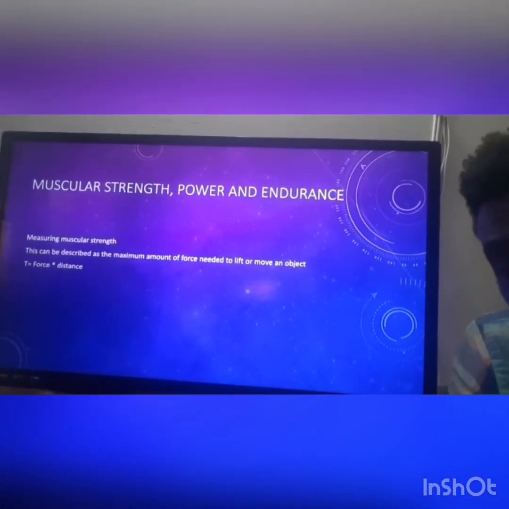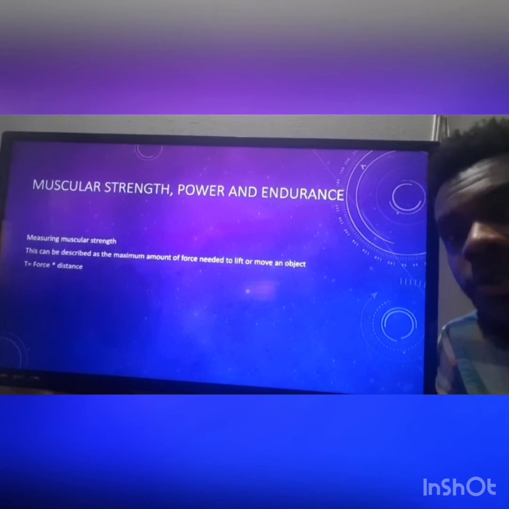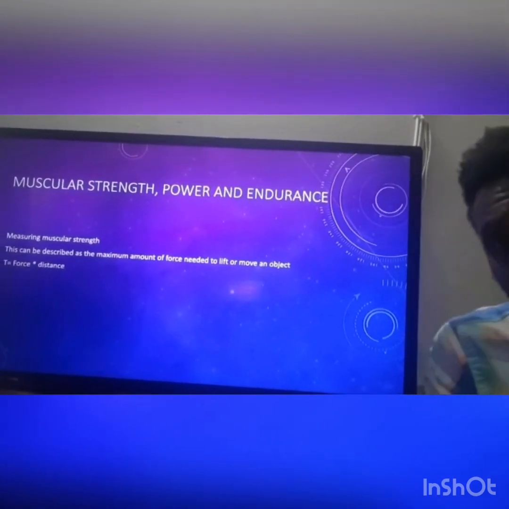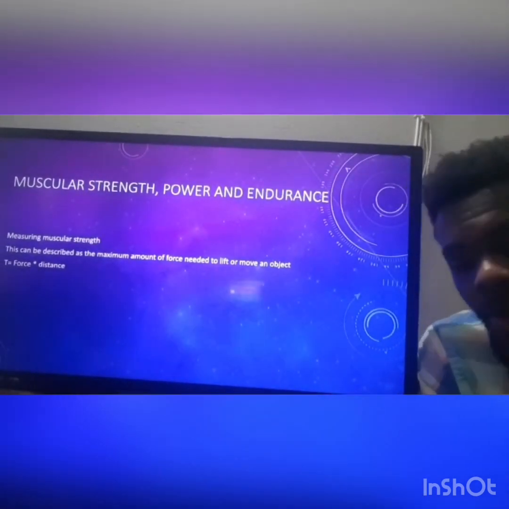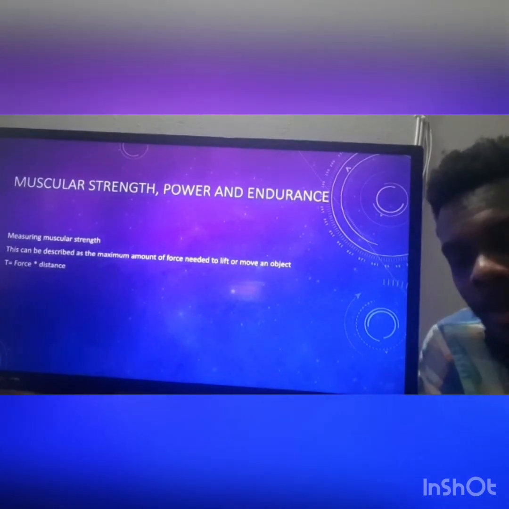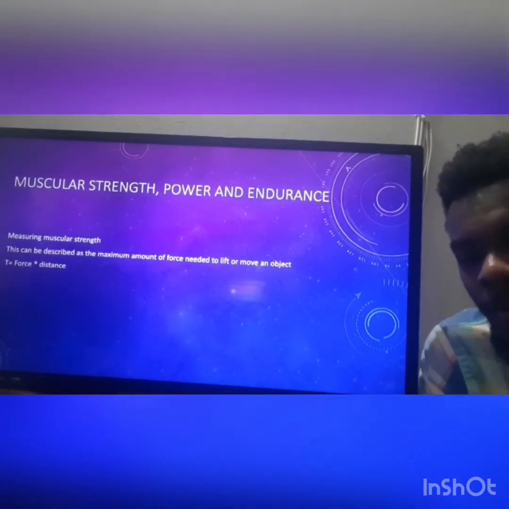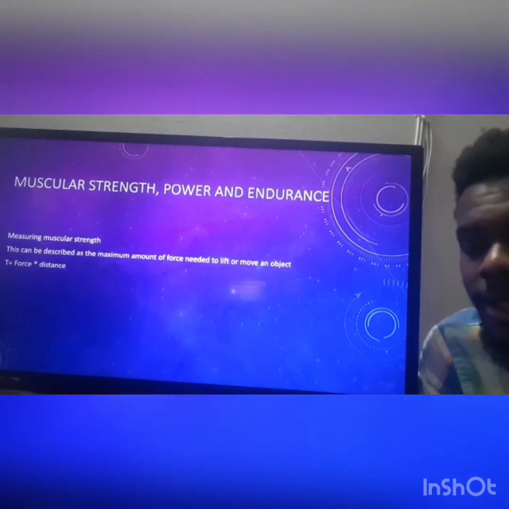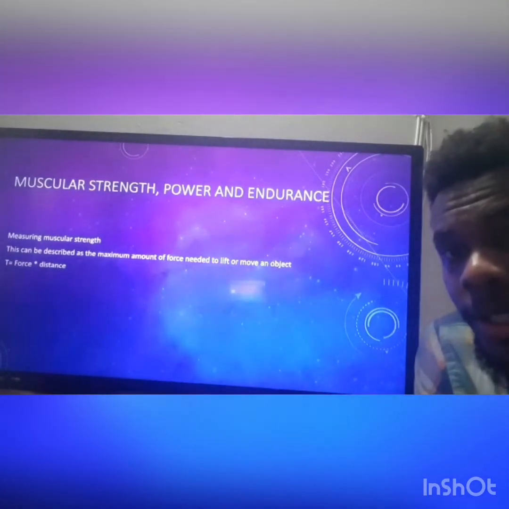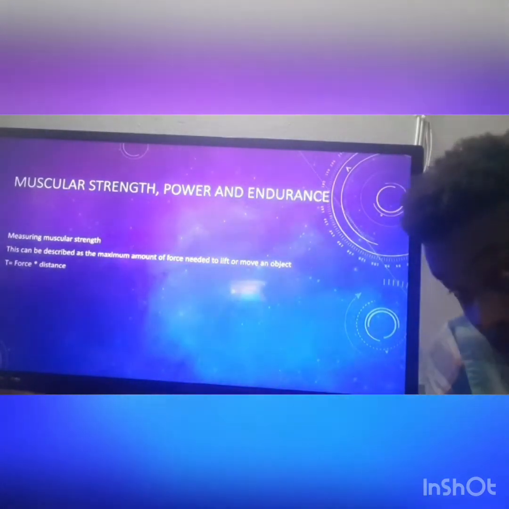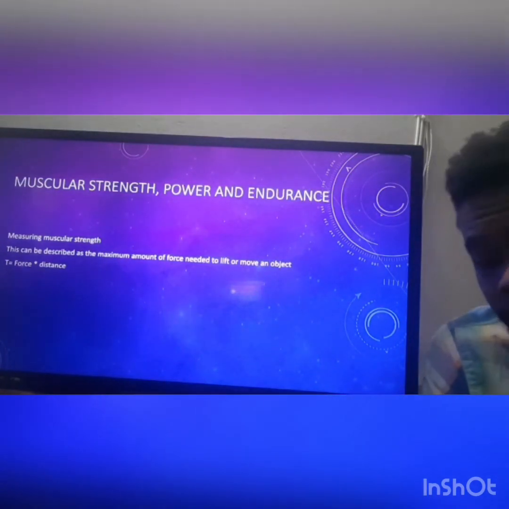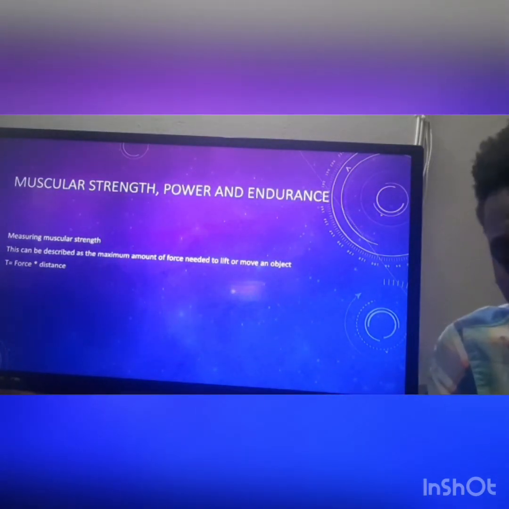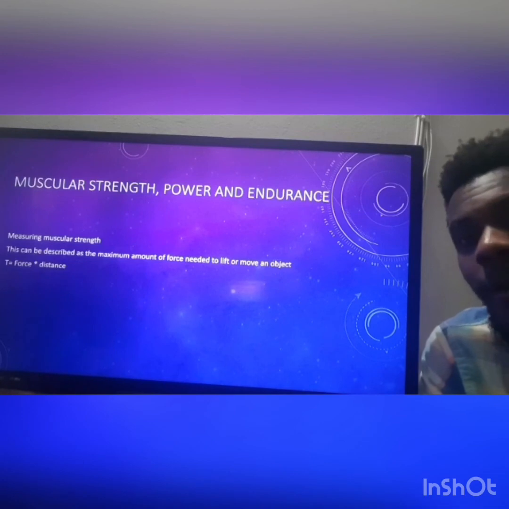The muscular strength, power, and endurance, right? So measuring muscular strength. This could be described as the maximum amount of force needed to lift or move an object, right? An easy way to calculate the muscular torque is by force multiplied by distance.